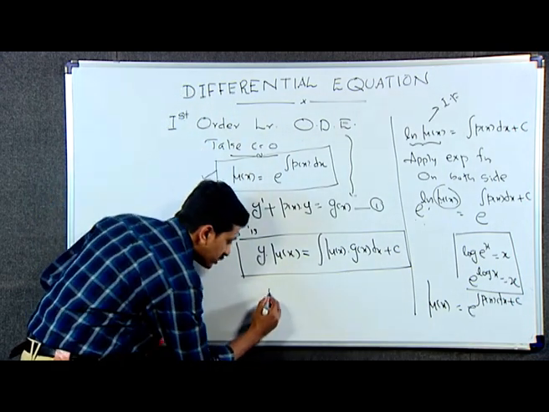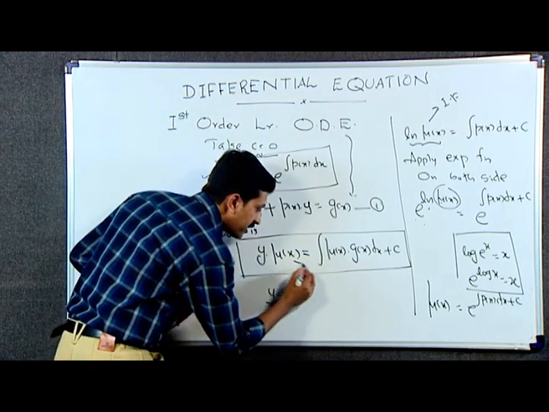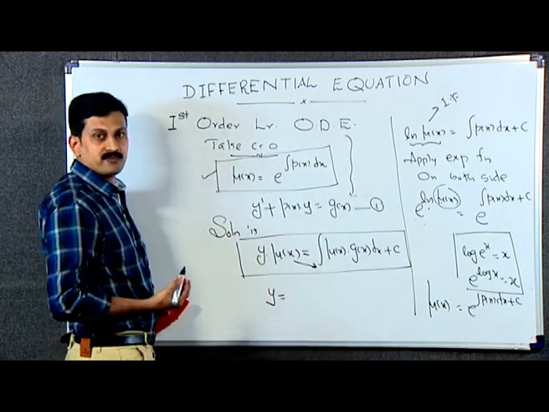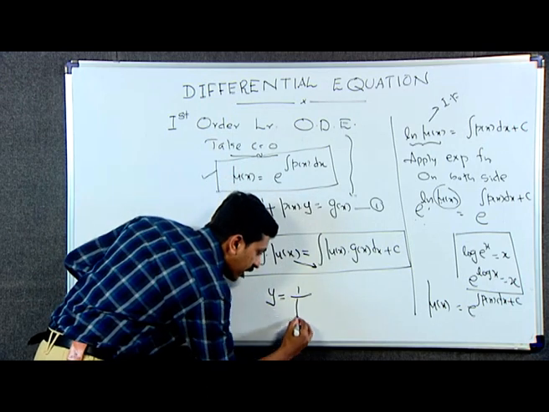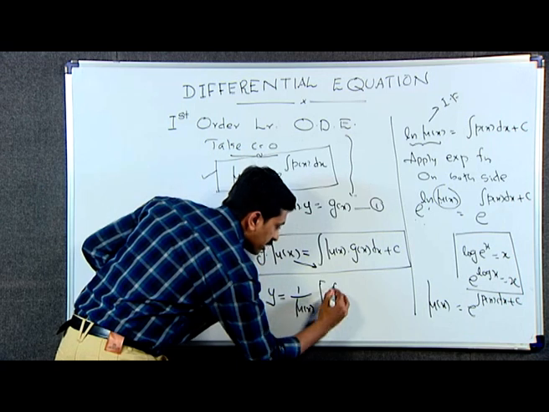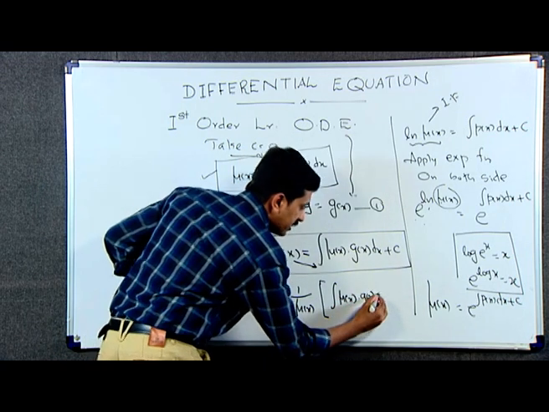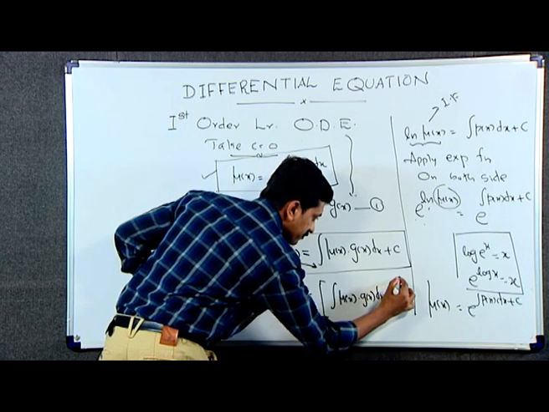See, our solution is y is equal to 1 by mu of x into integral of mu of x into g of x dx plus c.